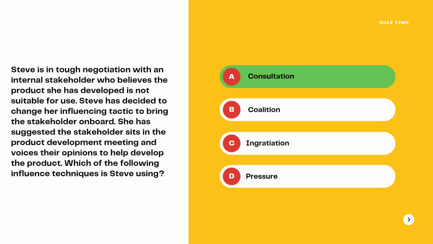So coalition is about creating the alliance and voicing collectively, while consultation is to invite the other party into the board and let them know the information, let them decide, and let them understand about our advantages, about our hardship, and so on.